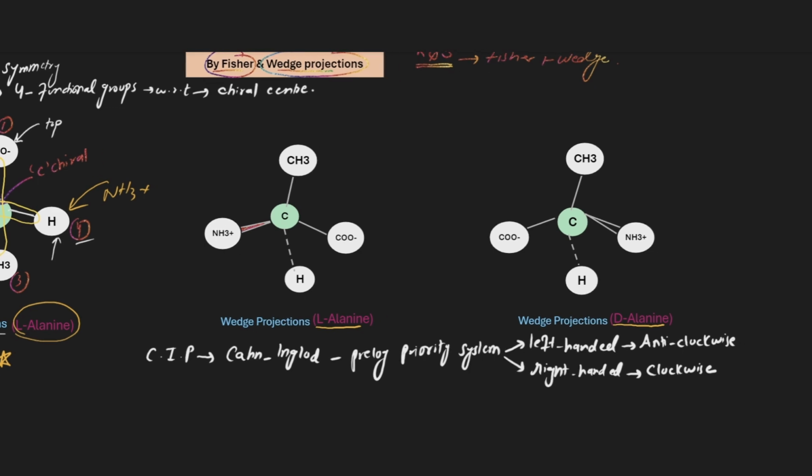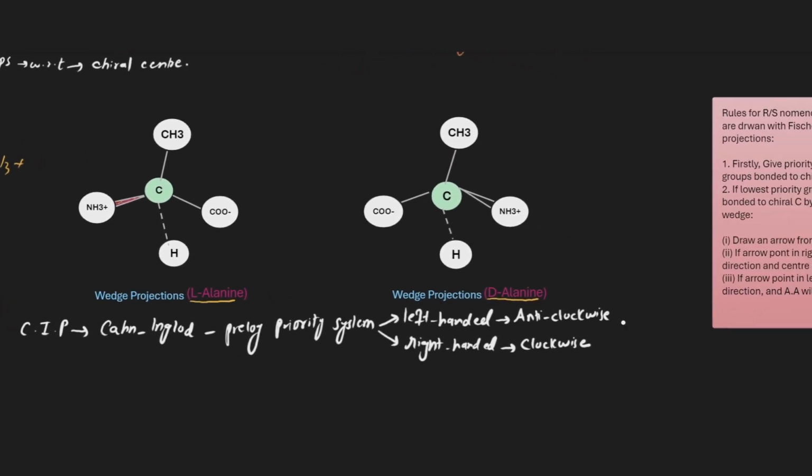So according to the R and S configuration, R stands for rectus, and rectus in Latin means right. So when our amino acid is in the clockwise orientation, it is in the right-handed form, and we call it the R configuration.